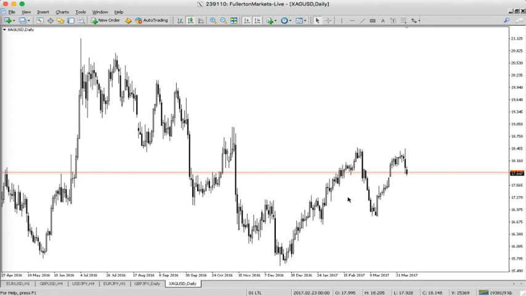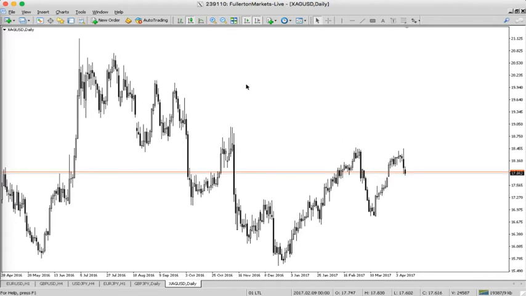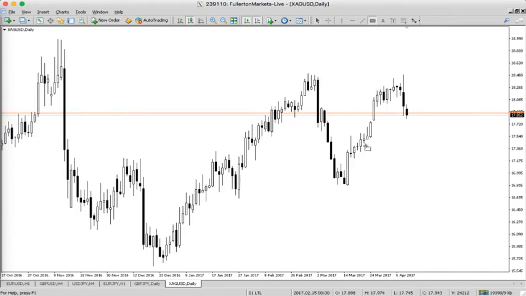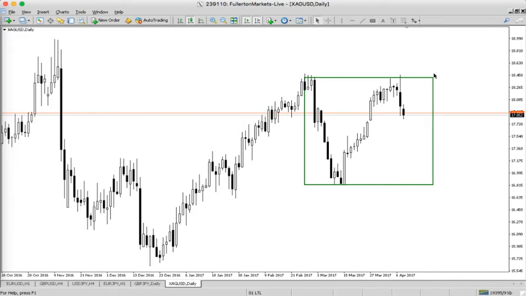It is a downtrend, but the overall trend is not so clear on a daily chart. If we look at the near term, it is more or less in a consolidation state over here. A very big consolidation over here.